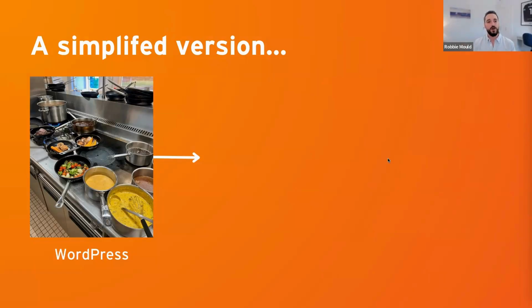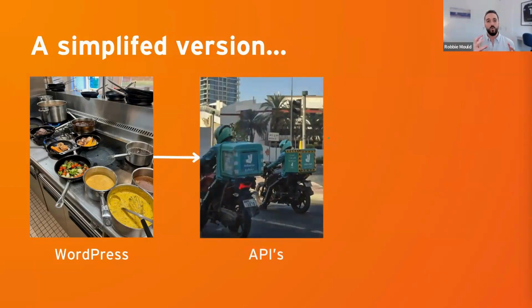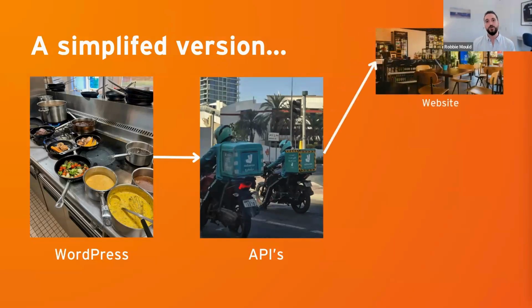So imagine this scenario. Imagine if you could have a set of delivery drivers, which takes your content and all of your data, and then delivers it to the different outlets where your customers are.